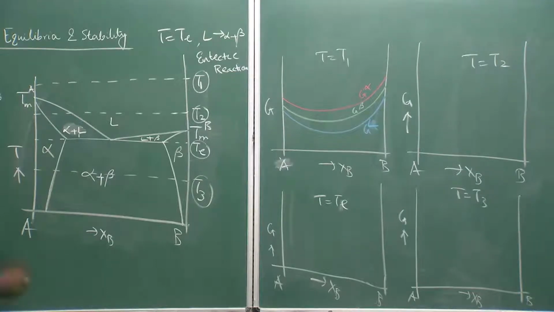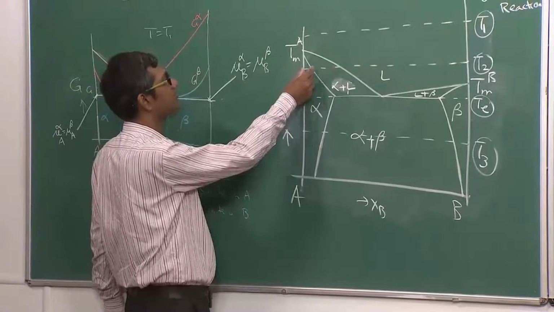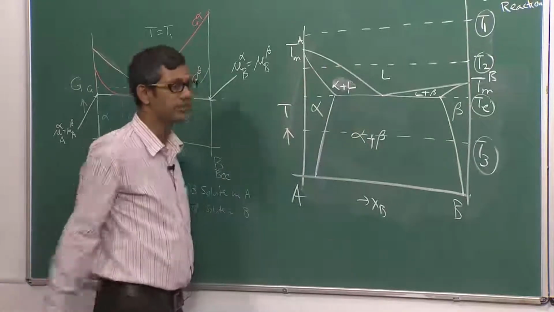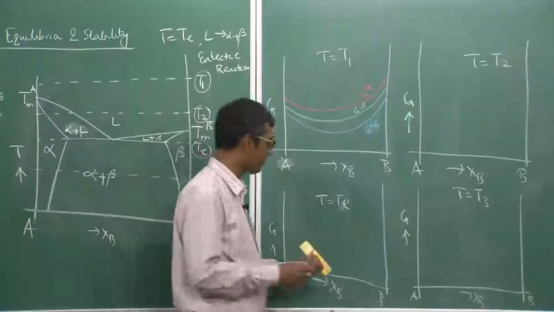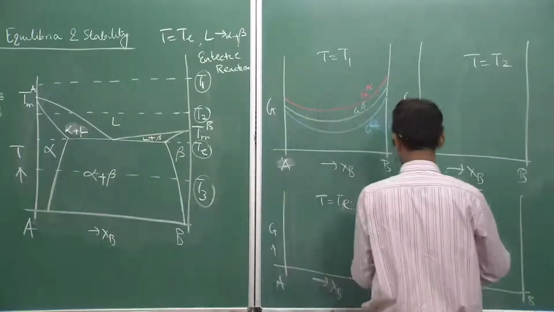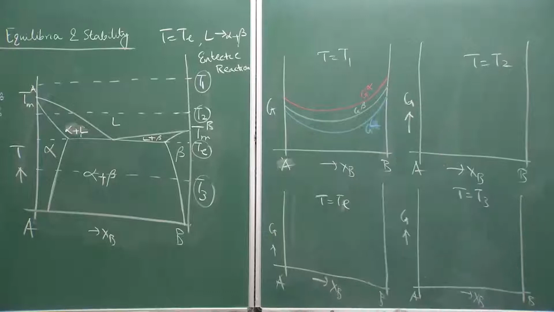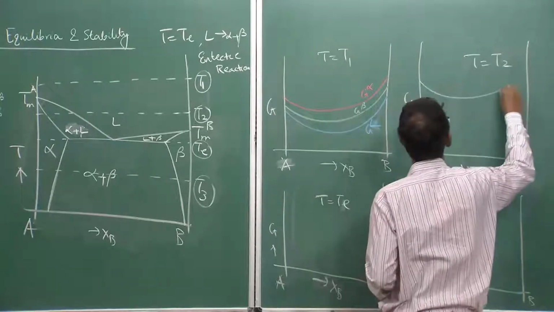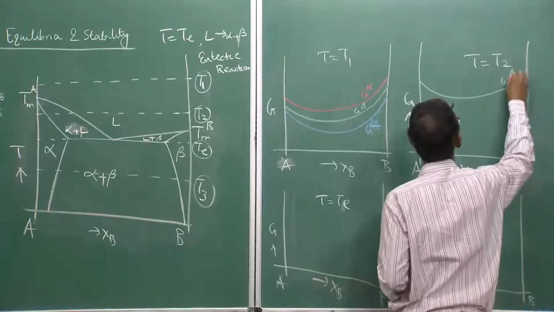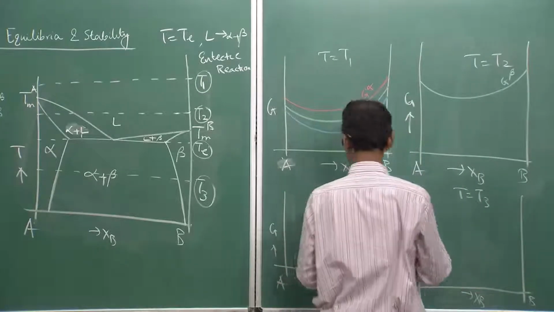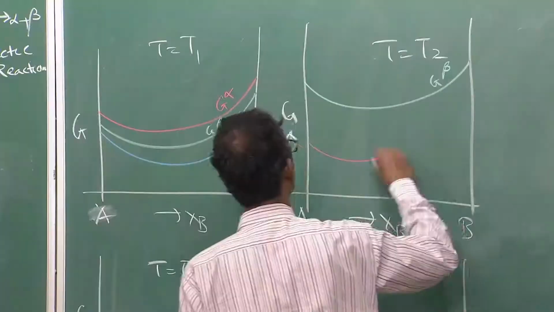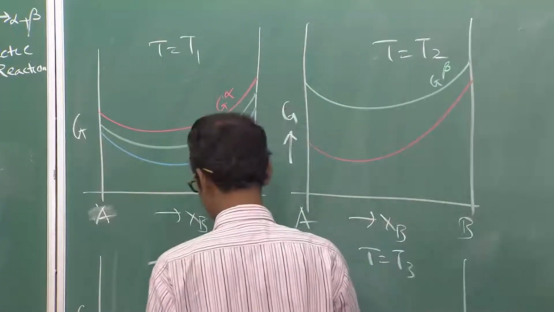At T2 you can clearly see alpha is stable for some range, then alpha plus liquid, then liquid. That means there is a crossover between the alpha and liquid free energy curves, but beta will remain at the top. So I first draw the beta curve, then I draw alpha, and I draw the liquid.